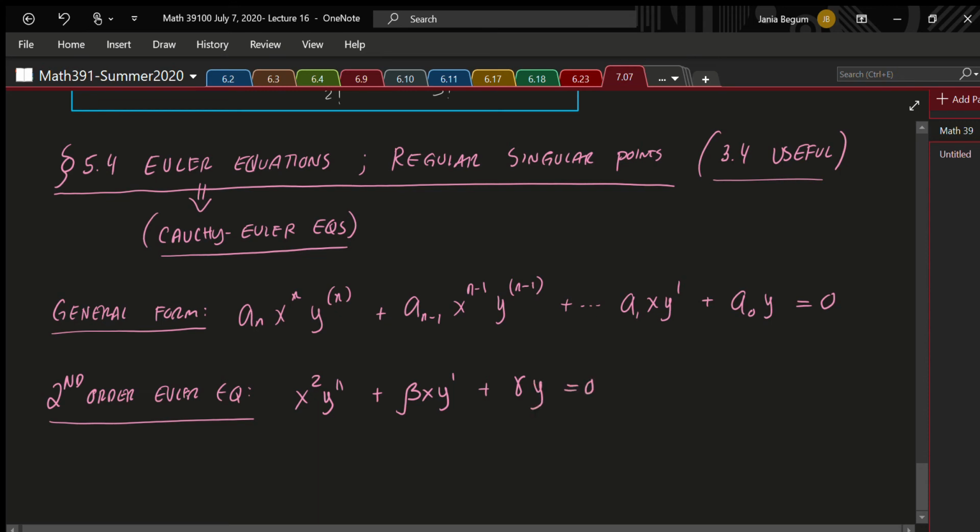The coefficient of the second derivative in front of x squared is going to be 1. Let's assume that's 1. So always assume this is 1. This is what we call the standard form of the Euler equation.